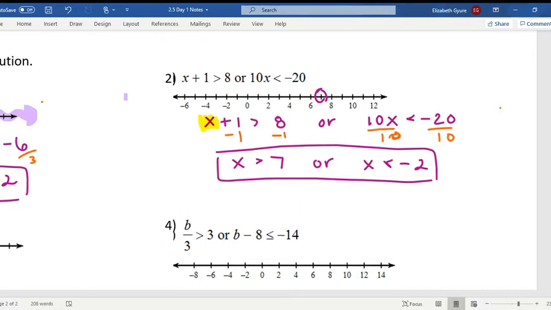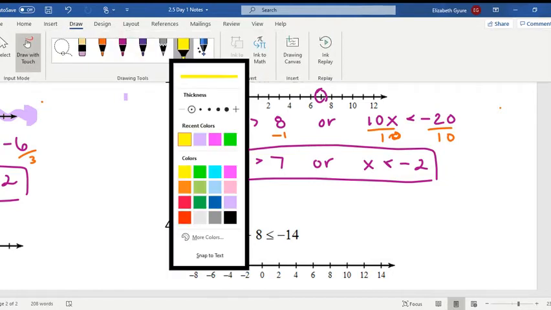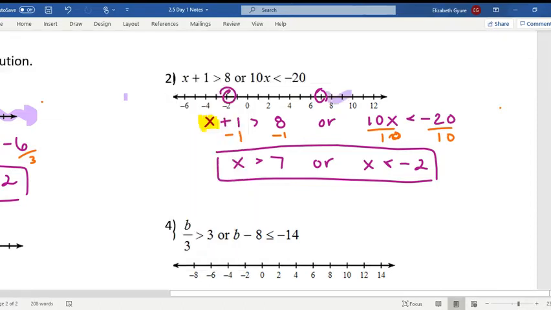Open, thank you. It is open. And then since it's an or, do we shade in the middle or on the outsides? Outsides. Yes, and please ensure that you put arrows on either side.